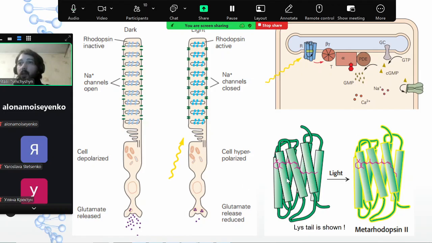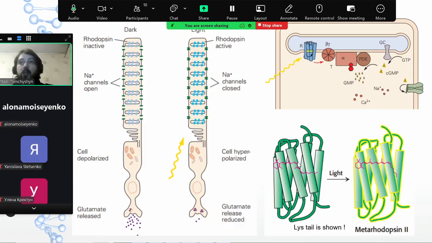And here is basically the rhodopsin. That's what happens when the light comes. Here you see this molecule, that's retinal. I will show you some more details once again in a couple of slides.